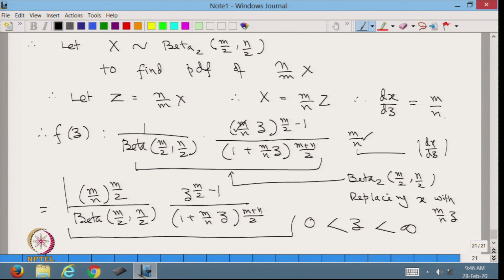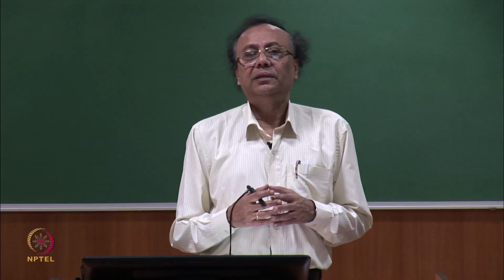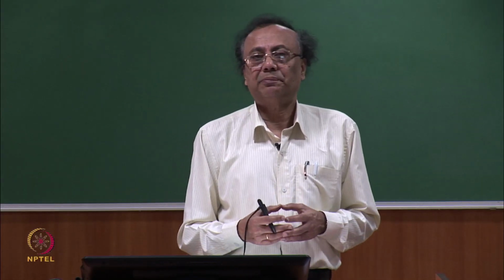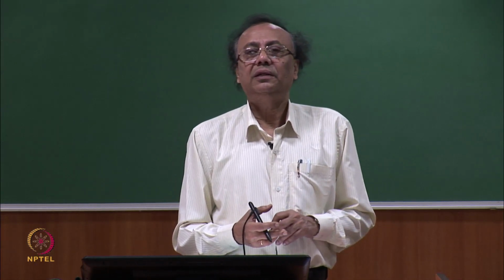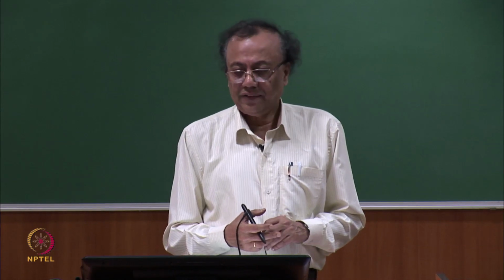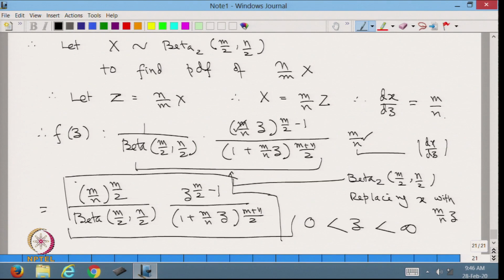So, that is the PDF of the F m,n distribution. Again, one can think of computing its expectation, variance, etc., the way we have done in earlier cases.